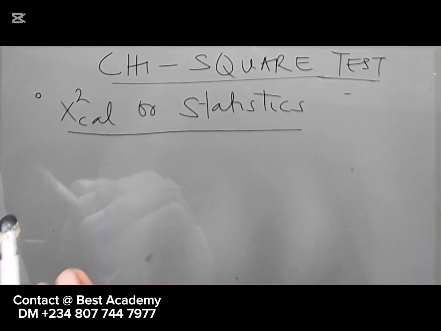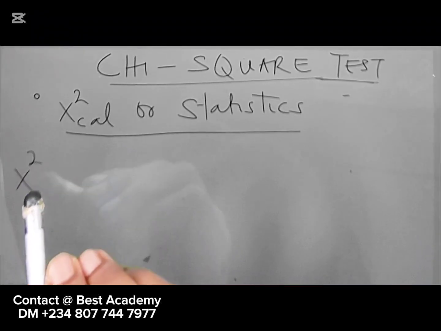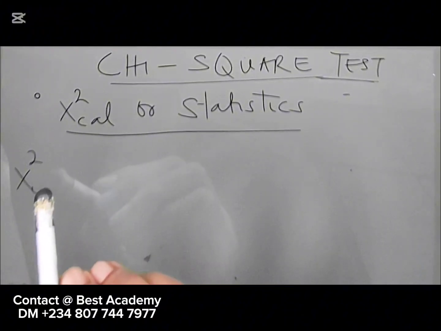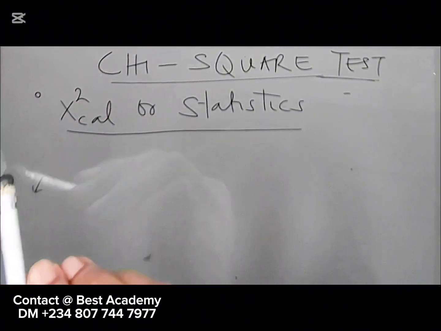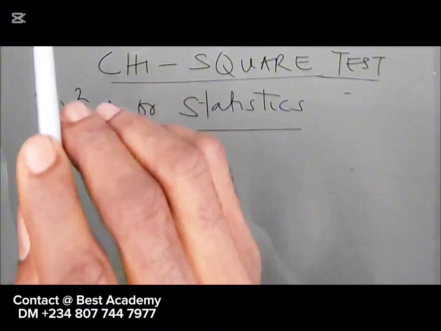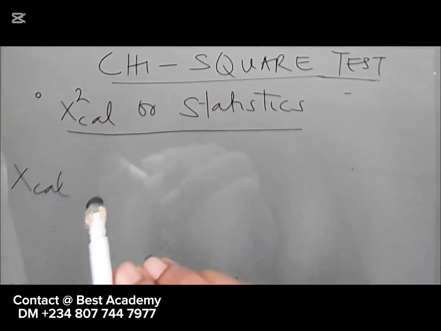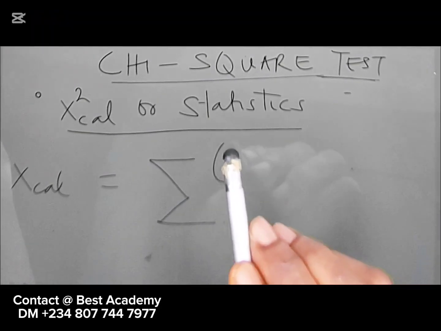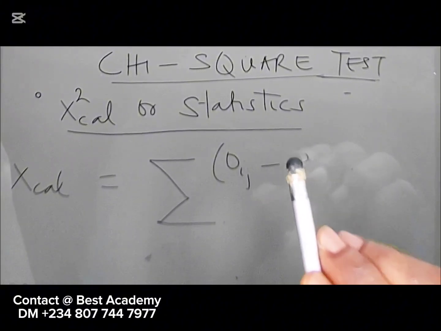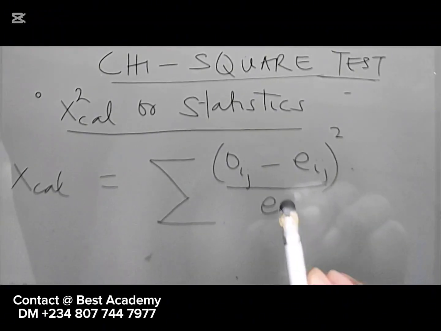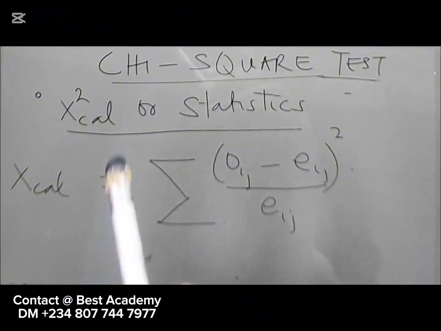The formula for chi-square calc is equal to the sum of observed frequency row and column minus expected frequency row and column, all squared, over expected frequency row and column. Please take notes.